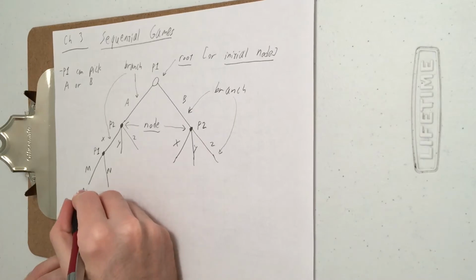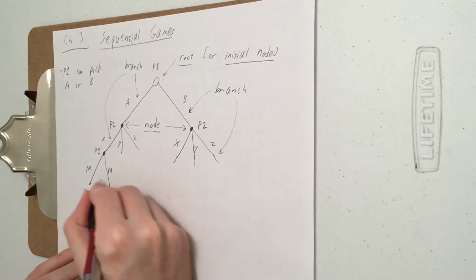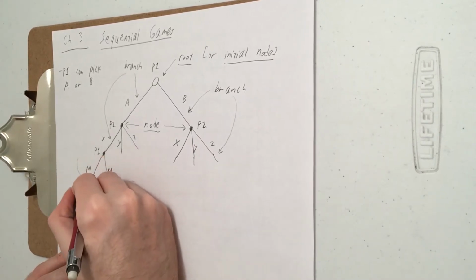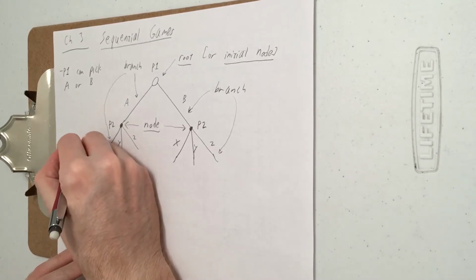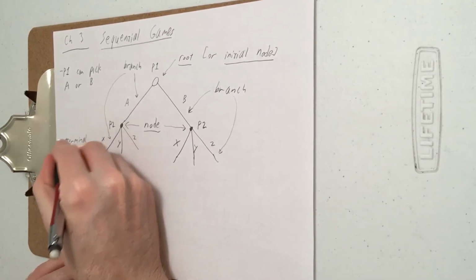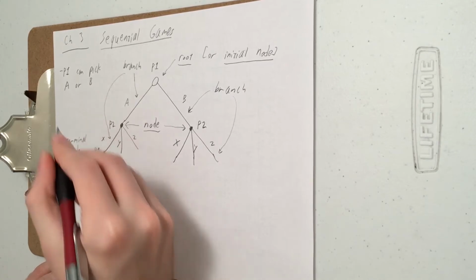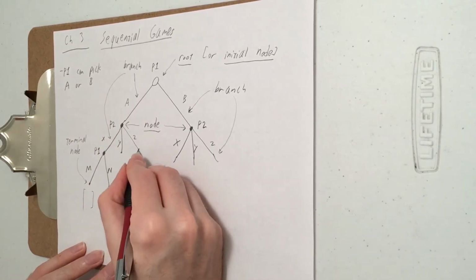So we call these over here the terminal nodes. It's a node where the game ends. And these are also terminal nodes.